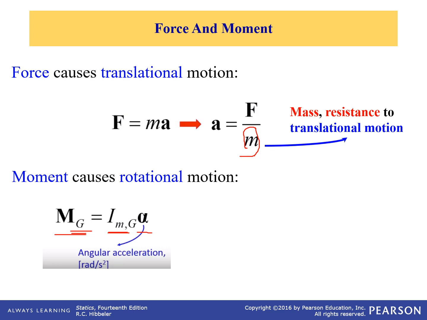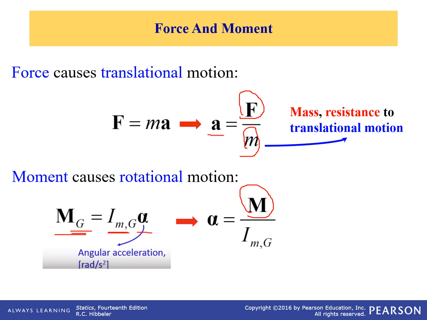Let's also write this relation in another form, just like we did with the top relation. Let's compare the two relations. On the top, we have force, which causes translational motion, and here we have the moment, which causes rotational motion.